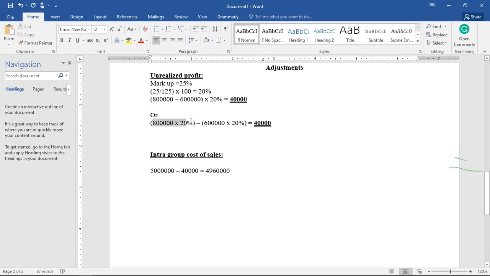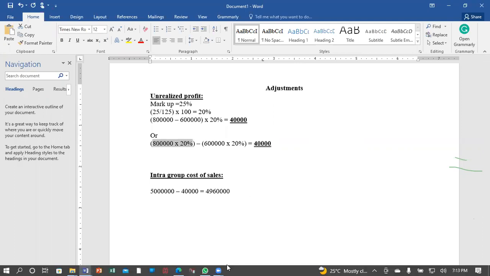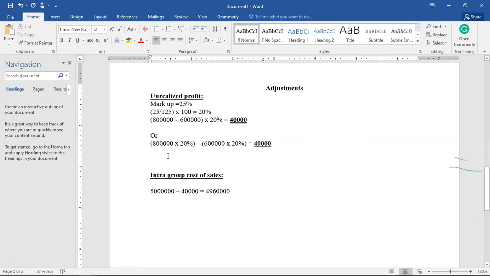The 800,000 multiplied by the 20%. How much are you getting? Please, you have to be fast so that we can move quick. 160,000.